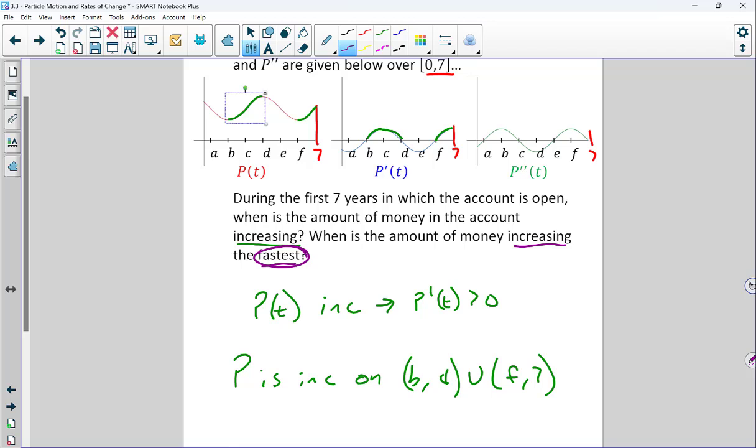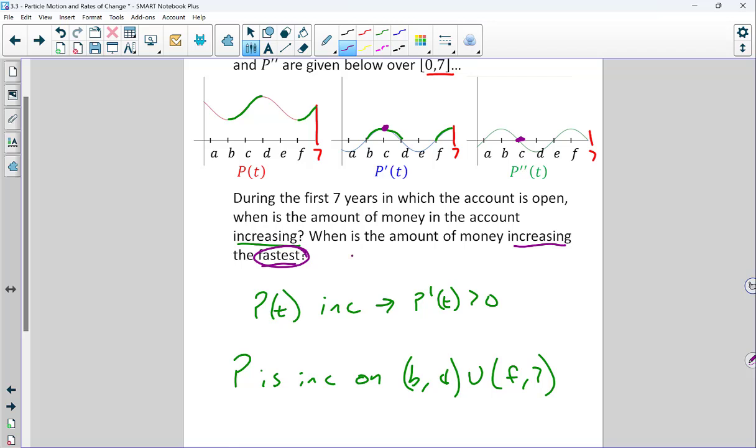Well, the amount of money is increasing on this interval right here. Where is it increasing the fastest? Well, that would be where the rate of change of this interval has a maximum. Well, that's where P prime comes into play. The rate of change of this interval has a maximum at point C. You may also notice that at point C, the second derivative is equal to 0.